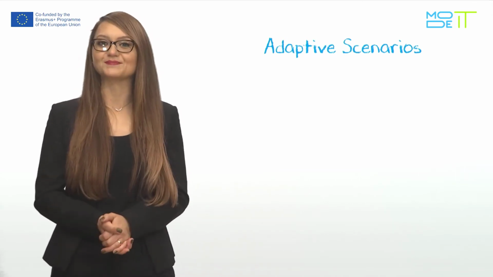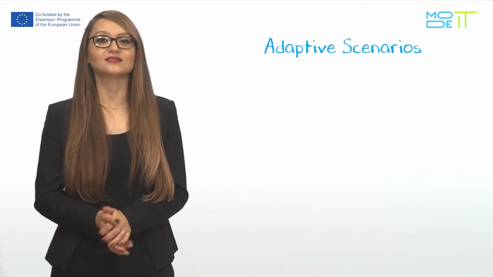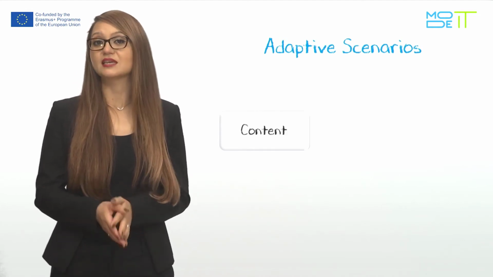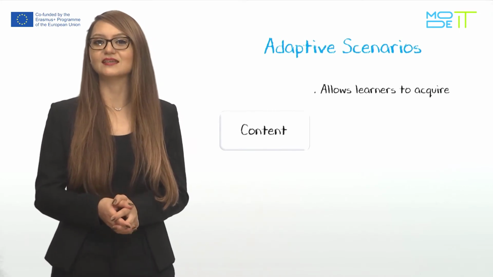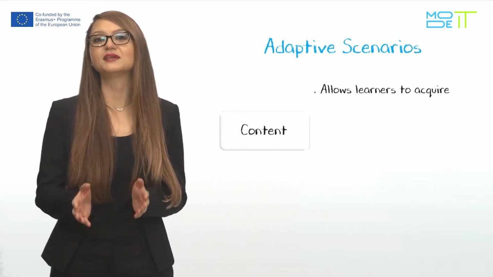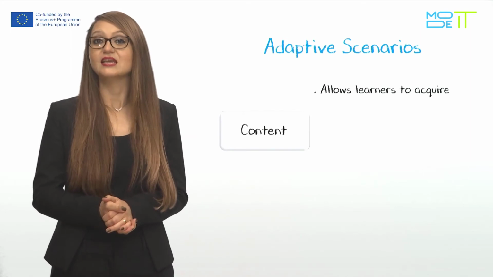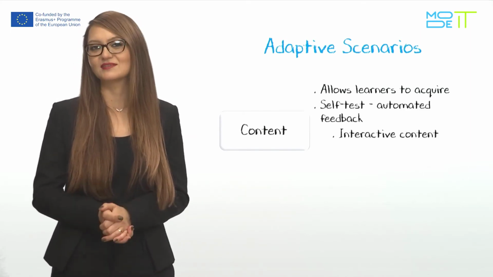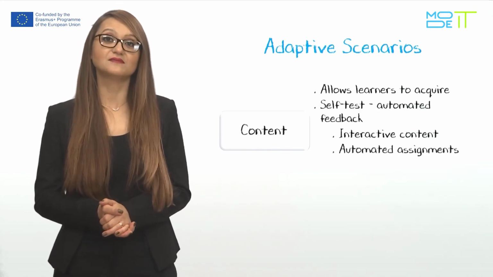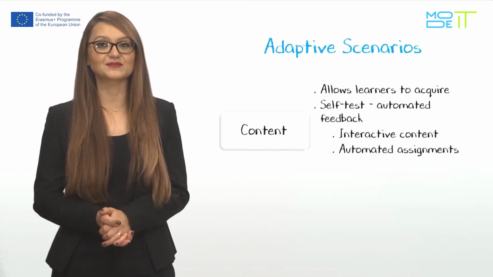What does this mean? The content should be presented in such a way that the participants can acquire information and test themselves for checking understanding. This can be done with automated feedback that is provided in interactive content or as forms of feedback for automated assignments. Especially the passive learners can benefit from such scenarios.